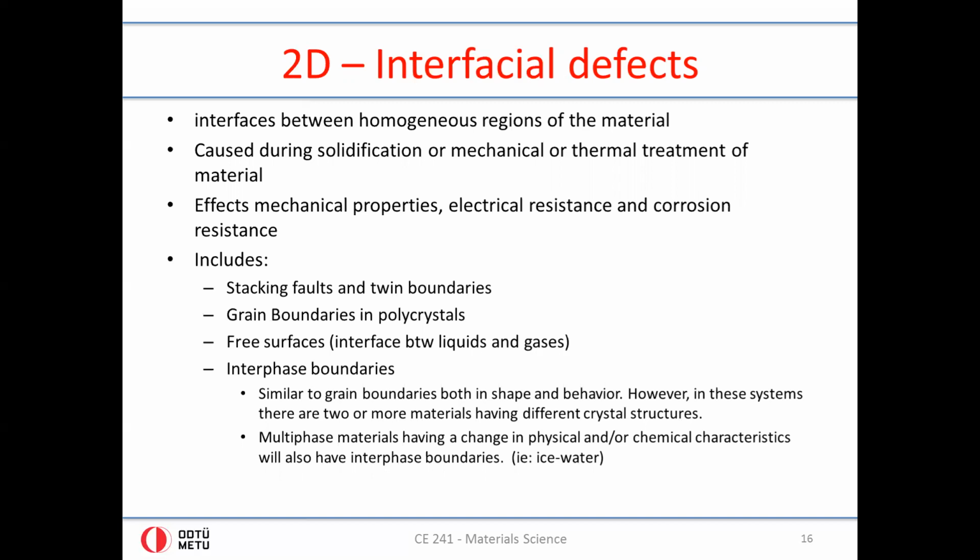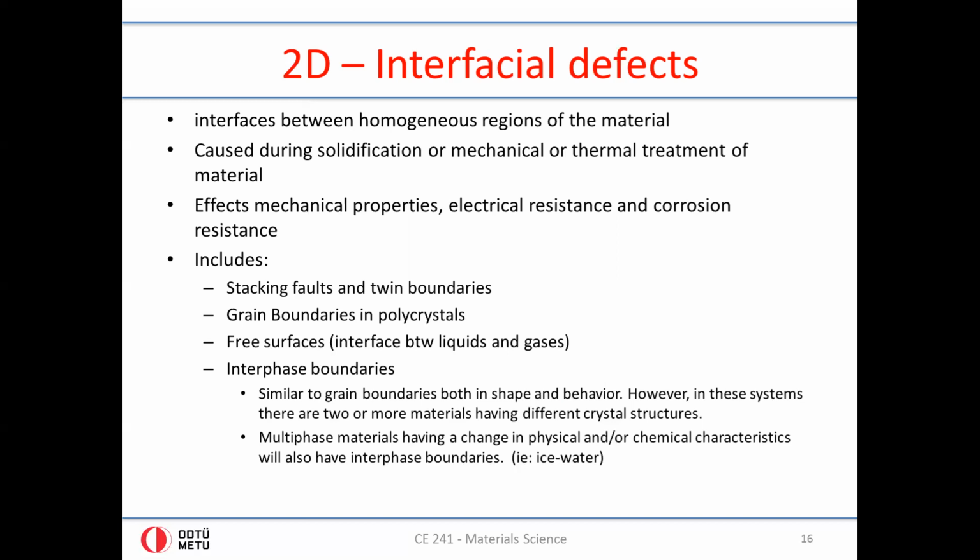And this again affects many properties, and it could be intentional. So it could be a part of the thermal or mechanical, so heat or force related, treatment of a material to obtain changes in the atomic order to get desirable properties, as well as being natural and unwanted.